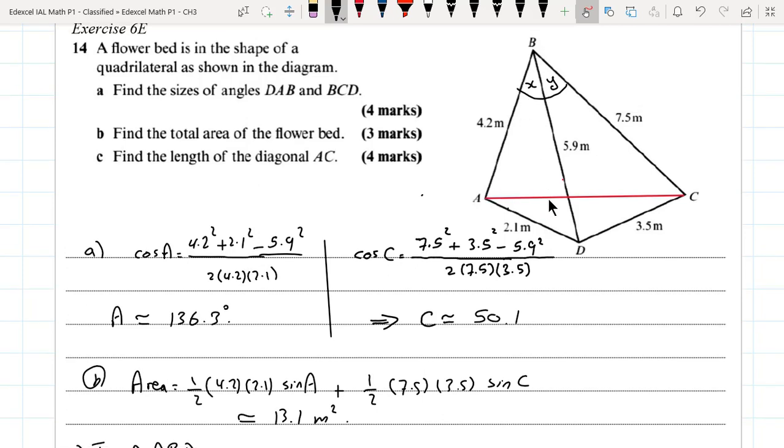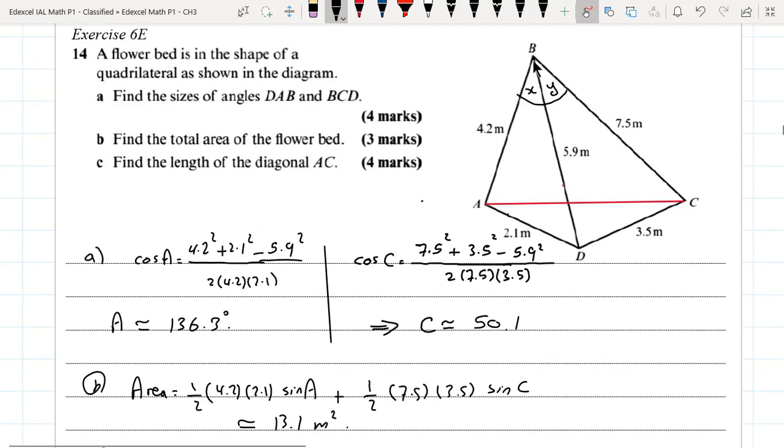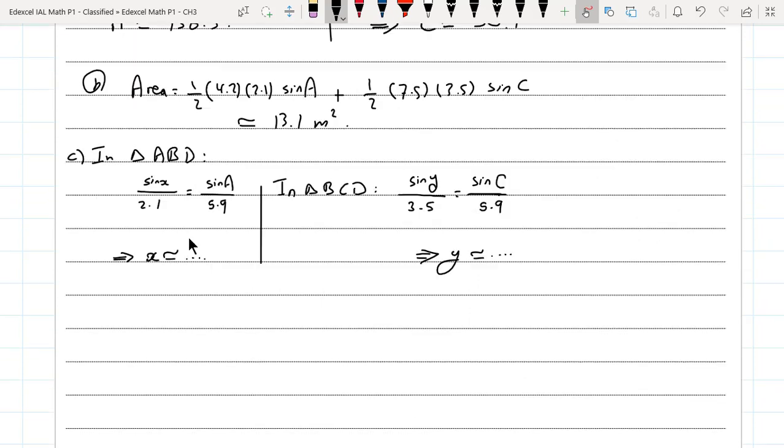For triangle ABD, you can say that sine x divided by 2.1 is equal to sine A divided by 5.9. And in triangle BCD, we can say that sine y over 3.5 is equal to sine C divided by 5.9. This way, we can get the measure of angle x and angle y also.